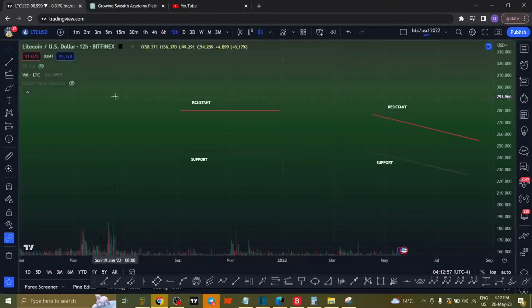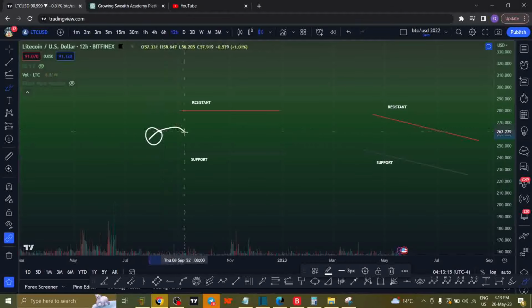A support level, I want you to think about it as a floor. So for example, let's say that you have a basketball and you throw it with massive power to the floor or to the ground. A support level will act as a barrier, preventing this basketball from breaking below the ground, but rather sending it to the upside.